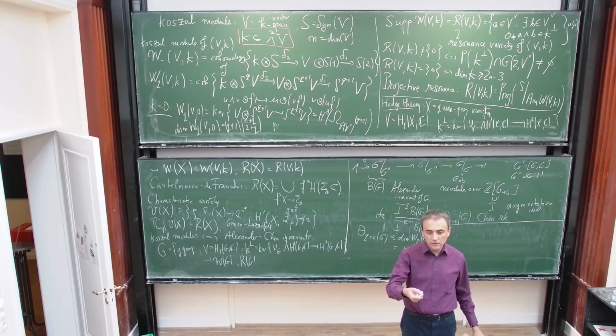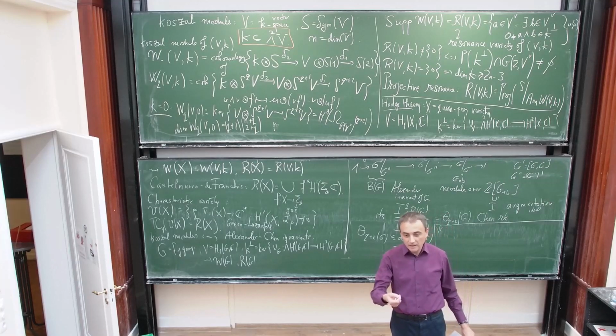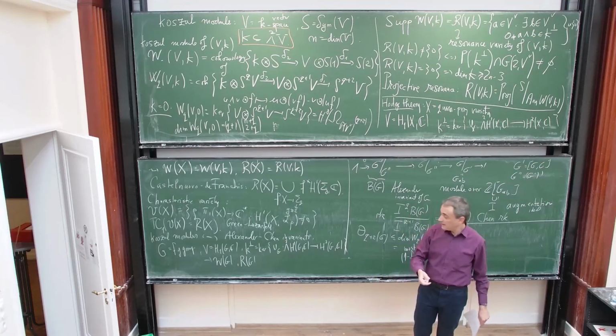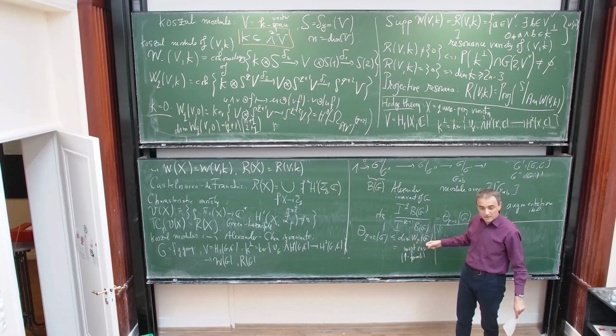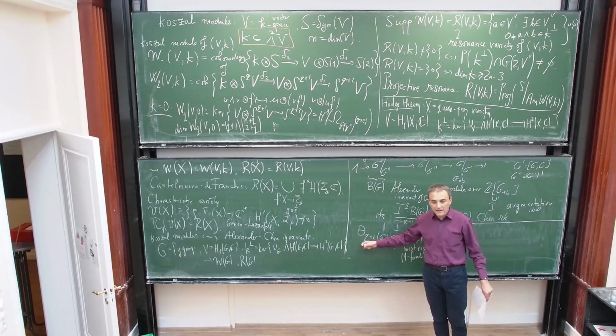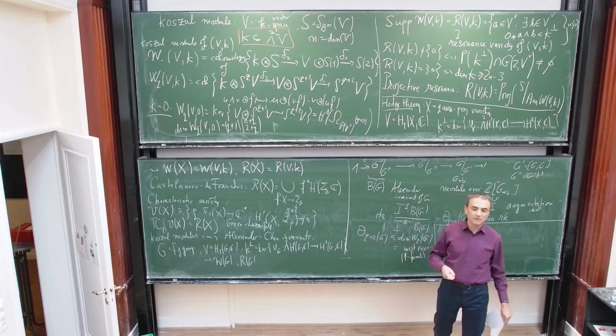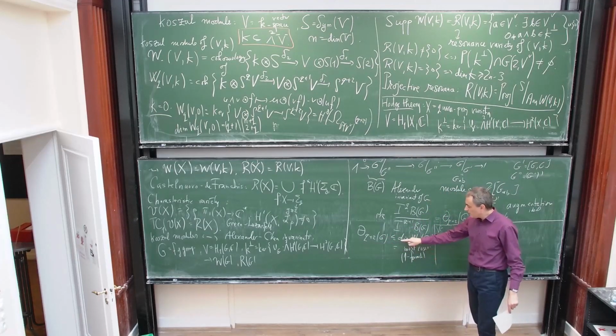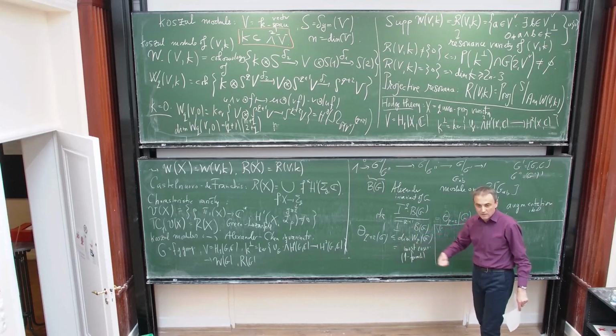So for instance, you do this for the Torelli group of M_g. This is how we prove that it has a nilpotency length which is linear in g, which is by no means obvious, and we prove it exactly because we compute this invariant and we show it's trivial.